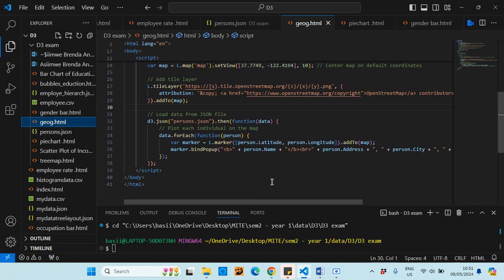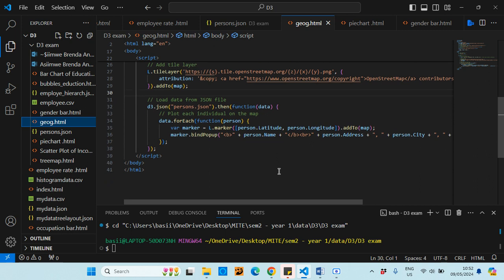And then on top of this, we start plotting our map after loading that data set. For each person that is loaded, we have their latitude, their longitude, their name, their address, for example the country and the state of where the person is from.